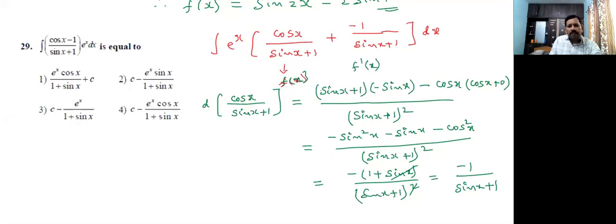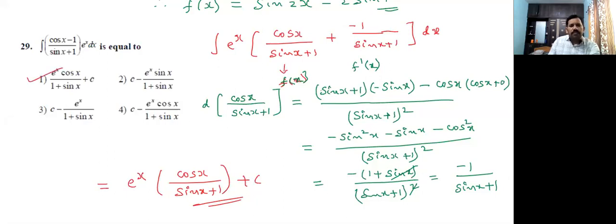Now apply the formula. What is the answer? E power x into cos x divided by sin x plus 1 plus c. This is the answer. Which option is correct, students? The first option is correct.